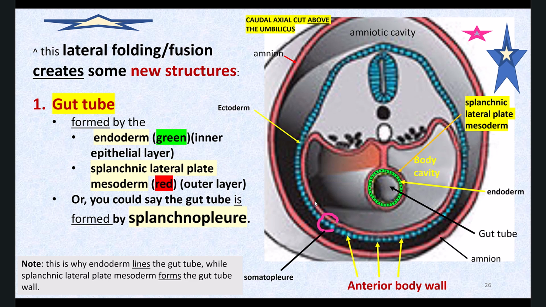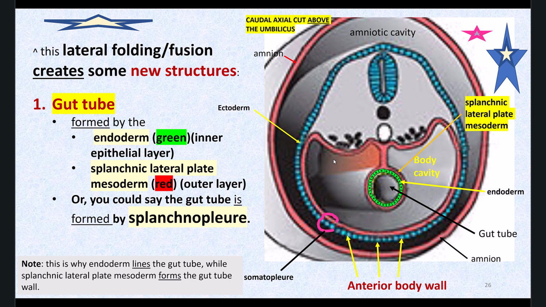Remember who that was? That's somatic lateral plate mesoderm. And then the inner border would be this splanchnic lateral plate mesoderm. So those are the boundaries here. And that's the space. The intraembryonic coelom really is the space that becomes this.